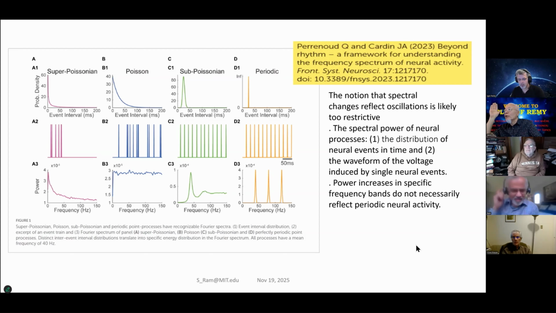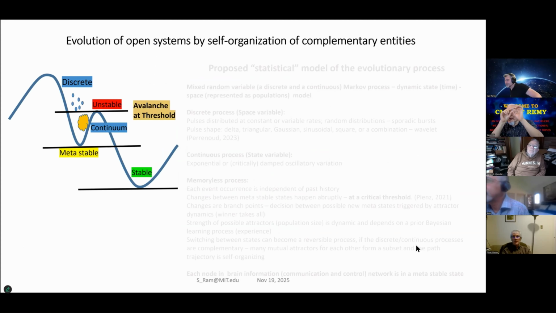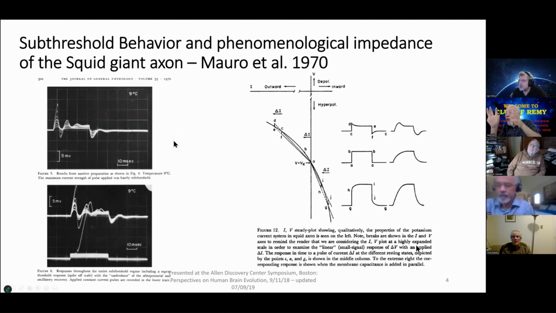No, that's exactly the point. Let me add one question mark to Jerry's question. Are you talking about a specific line of the transmission circuit, or are you talking about the whole brain average?